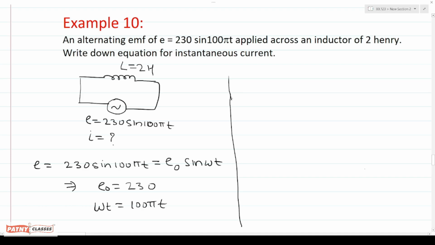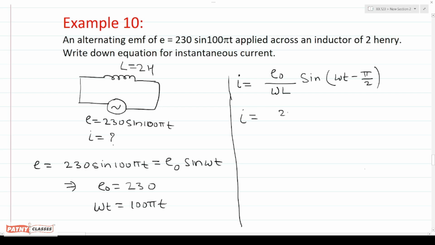Now expression for instantaneous current is given by I equals E naught upon omega L into sin of omega t minus pi by 2, because current lags by pi by 2 in inductive circuit.